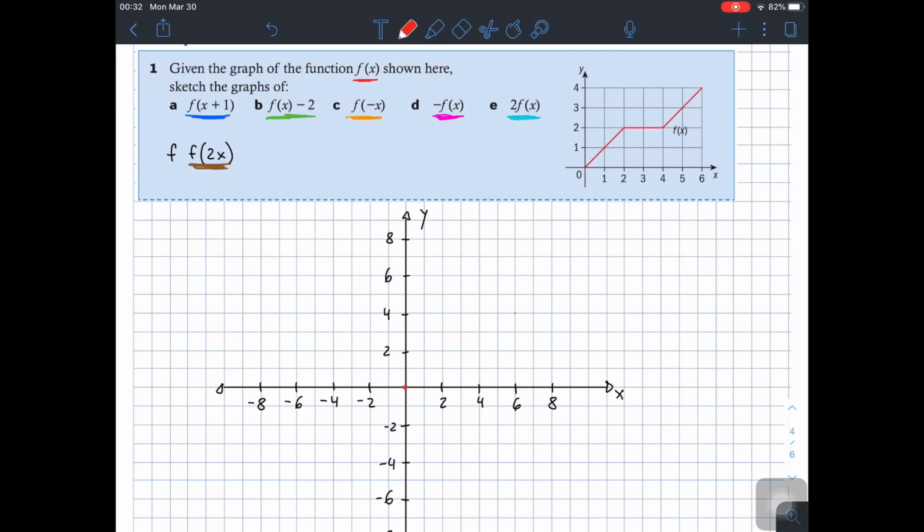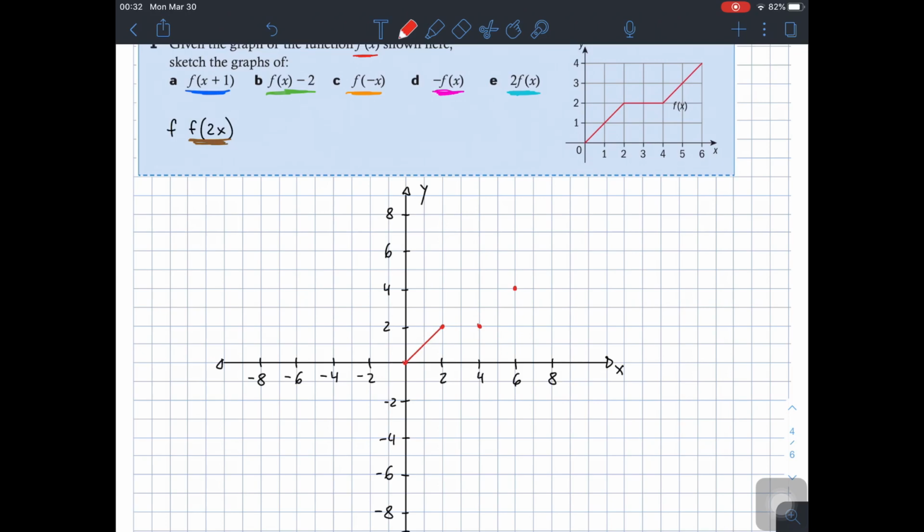So we have this point (0, 0), (2, 2), then we have (4, 2) here, and (6, 4) here. So if we join these points, we're going to get the same graph, this one over here.